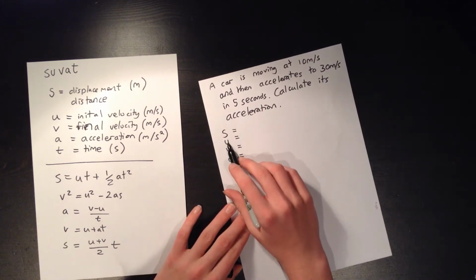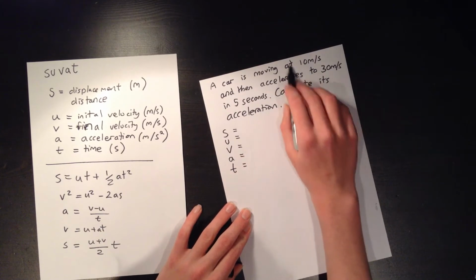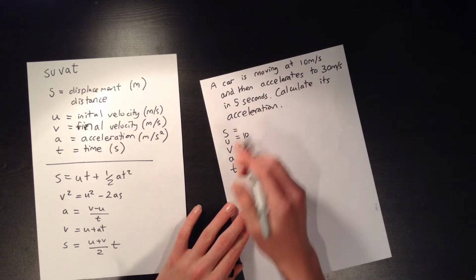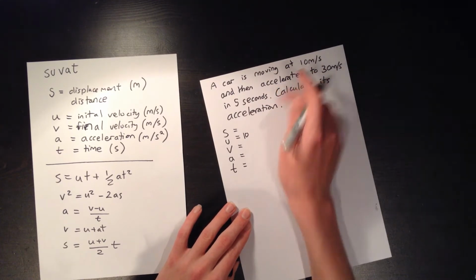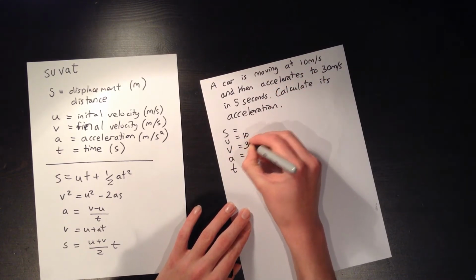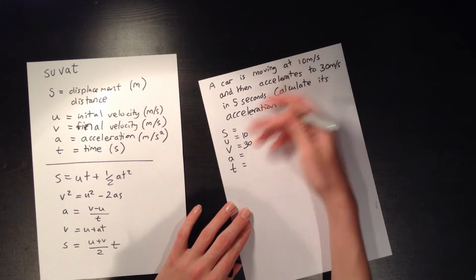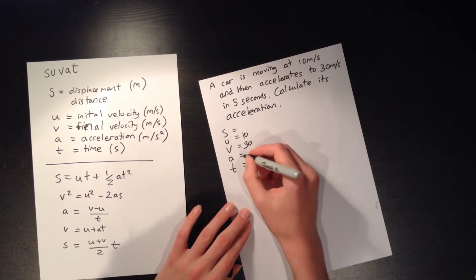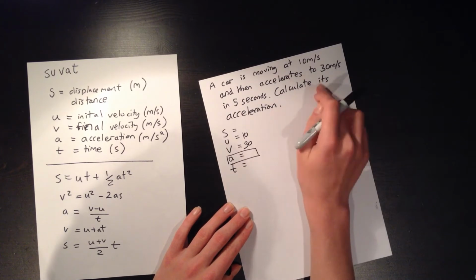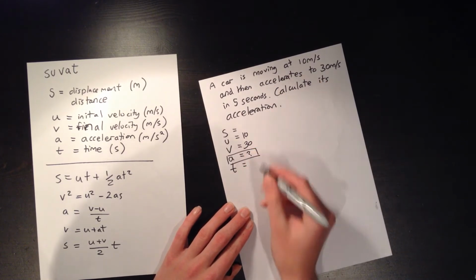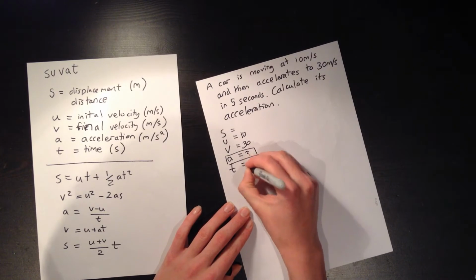However, you do know the initial velocity, and that is 10, because in this case it's the velocity before acceleration. And then V is the velocity after acceleration, hence 10 and 30. Acceleration, we don't know, but we want to find out because we have to calculate its acceleration, and we know how long it took. It took 5 seconds.